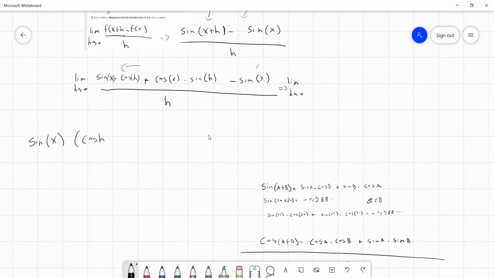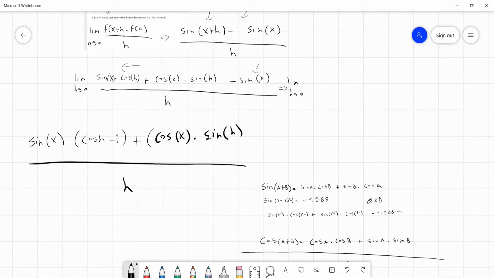And the other sine x actually comes from here, so minus 1, let's write that as one expression, plus cosine x times sine h, and the whole expression divided by h.